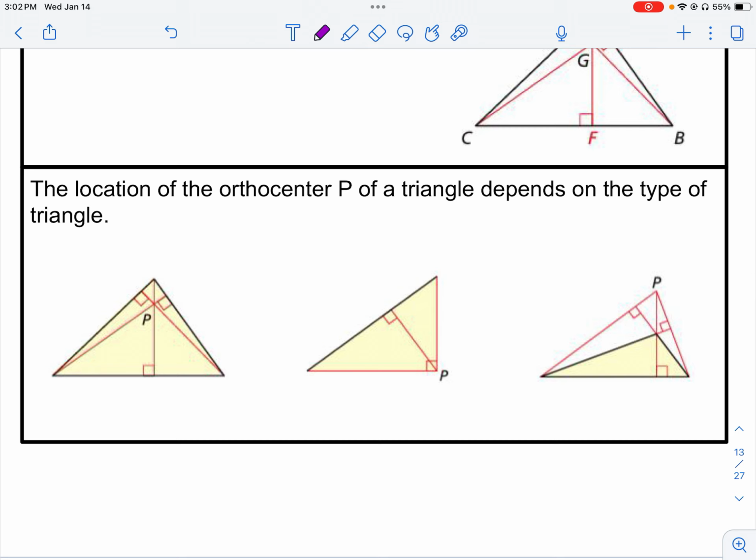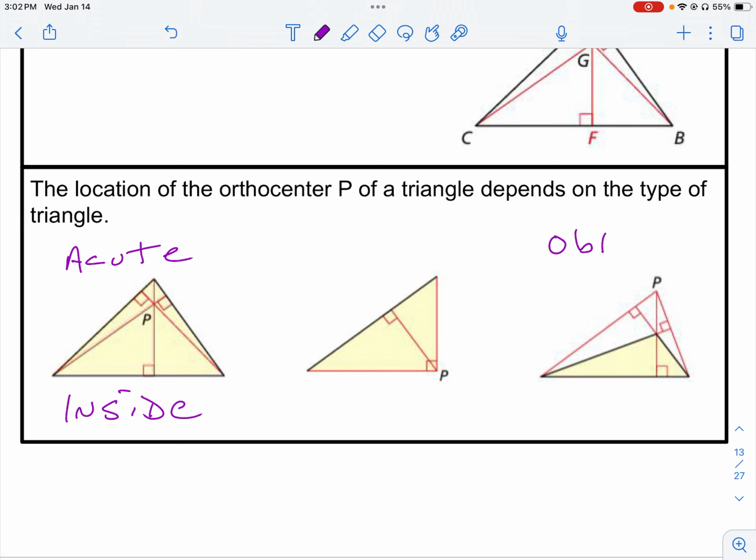But it does exist, and much like the circumcenter, we can find it in various places. It's going to move around. So in an acute triangle, we're going to find it inside of the triangle.